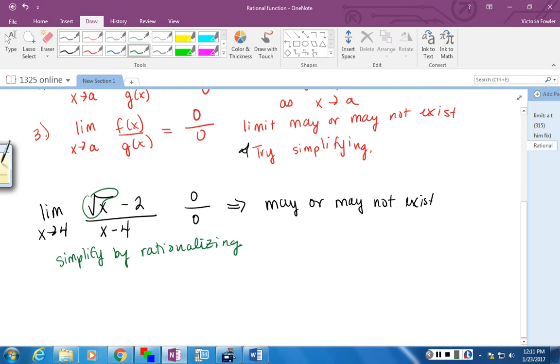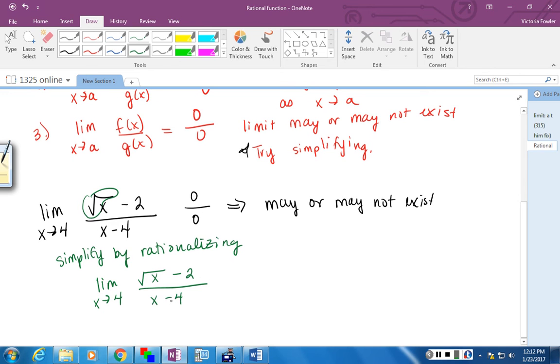That's a fancy way of saying let's get rid of that radical symbol. And so this whole time, and I may end up dropping it just for the sake of saving time here, this whole time we are still taking the limit as x approaches 4, but I'm going to algebraically manipulate this, and I may end up leaving off that limit notation in just a moment.